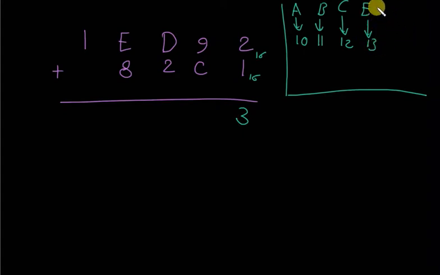ABC, oops, sorry. This is D, which is 13. And then E, which is 14. And F, which is 15. So these are the values.